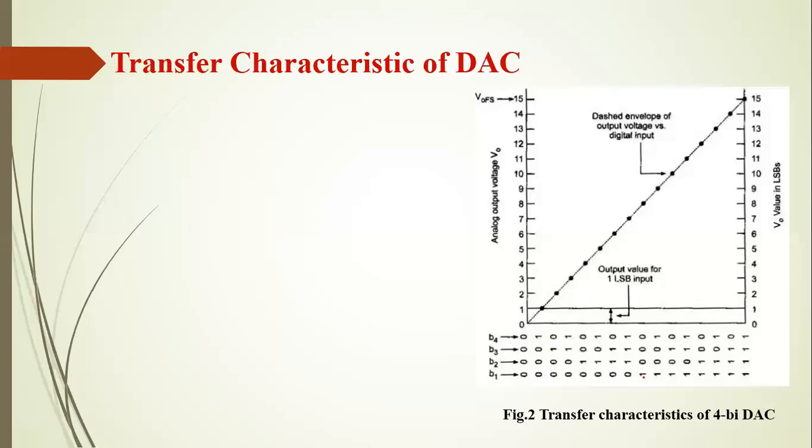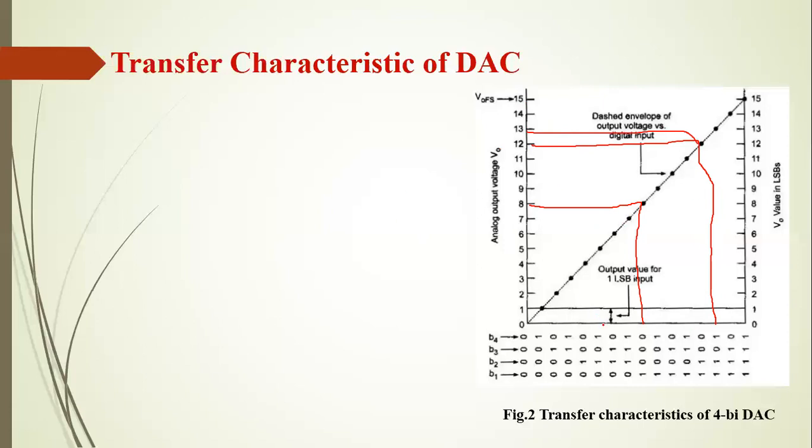Similarly, if the binary input is 1000, the equivalent analog output voltage is 8. Similarly, if you consider 1101, it will be equivalent to 13 of analog output voltage.